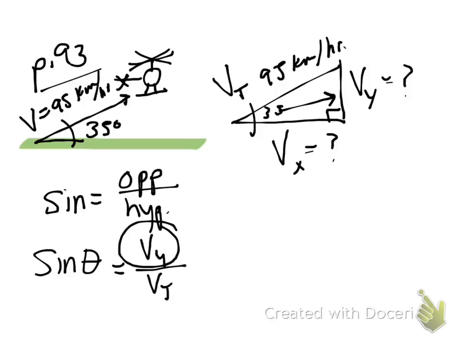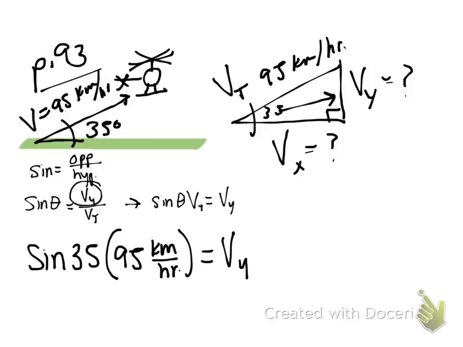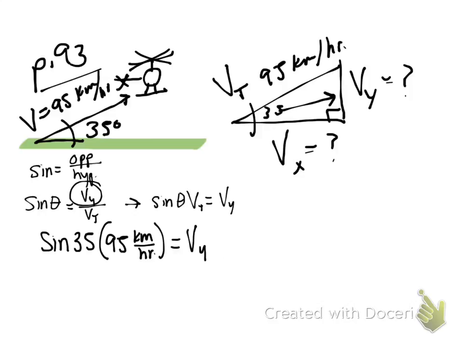Well, that means we can solve by saying that the sine of theta times the total velocity equals the velocity on the y. Fairly straightforward, yes? Okay, so we've rewritten that to say that the sine of 35 times 95 kilometers per hour is equal to the velocity on the y.